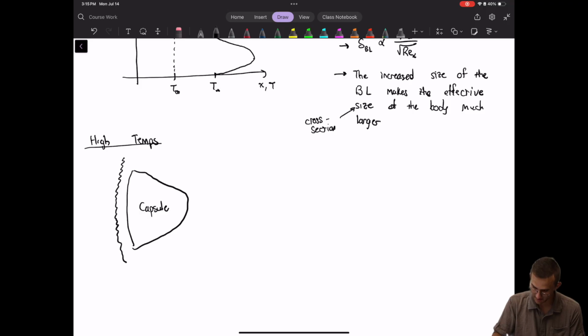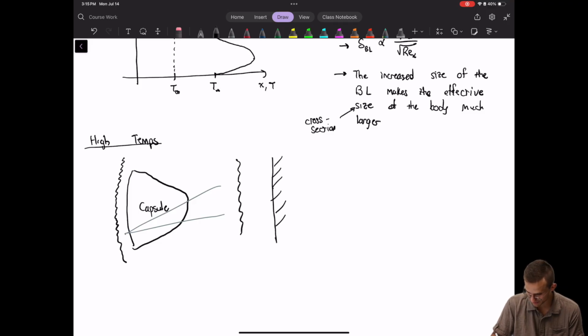If we zoom in on this region close to the capsule wall, you have the normal shock, and then you have the capsule wall here. In the capsule case, you're talking a temperature of 11,000 Kelvin.